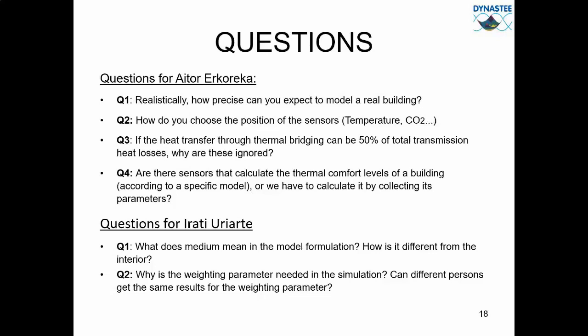But the idea would be to get parameters that are able to characterize real buildings, such as heat loss coefficient, equivalent solar apertures, or equivalent thermal capacities of real buildings that should be below 10% of uncertainty.